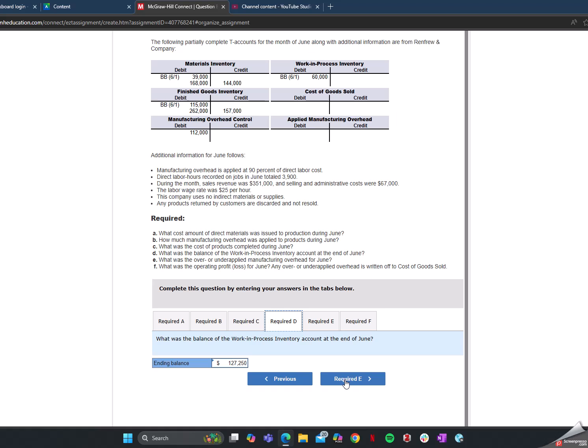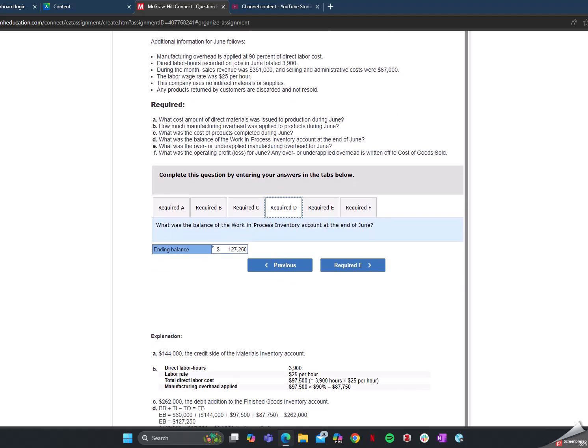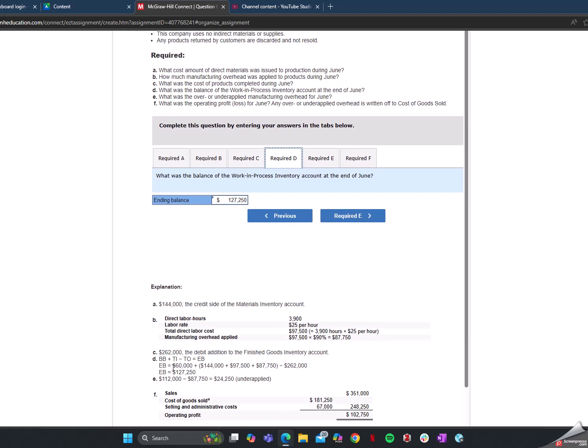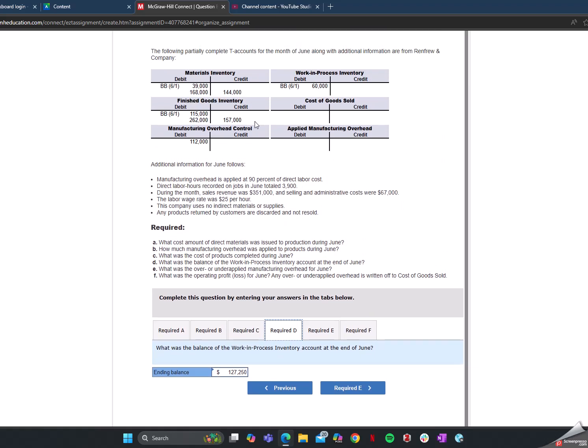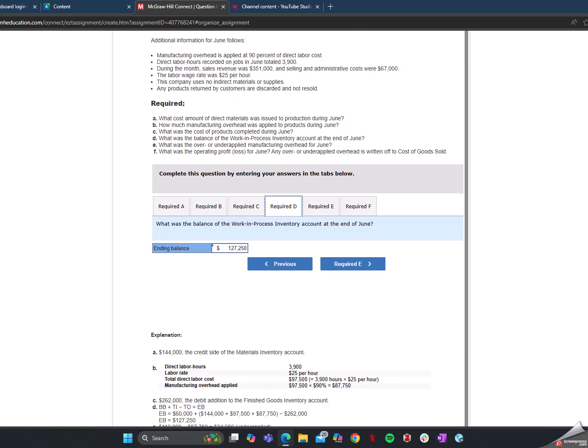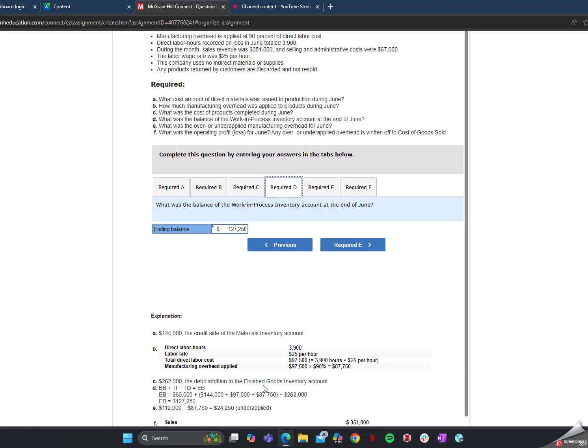Then requirement D, what is our balance in our work in process inventory? All we have here is the beginning inventory. If we go down, we will see that we need our beginning inventory plus transfers in. The $144,000 is what was coming out of our materials inventory, so it would have gone into work in process. Our manufacturing overhead is what we calculated in B, the $87,750, so that would have been added in.